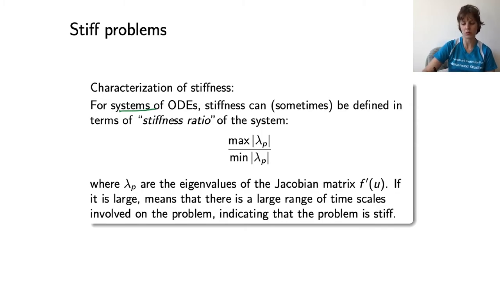We can also write it like F prime, but this is a matrix in the case of a system. So if it is large, it means that there is a large range of time scales involved in the problem, indicating that the problem is stiff.